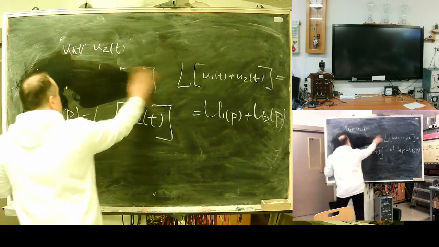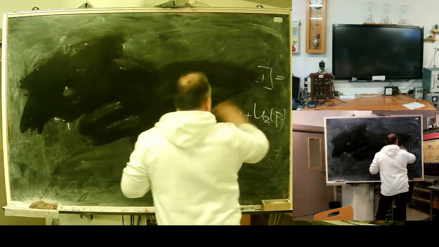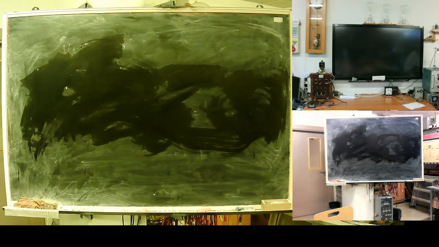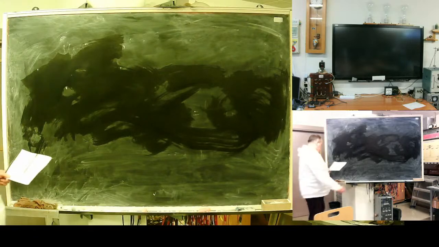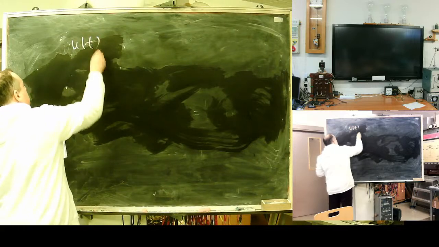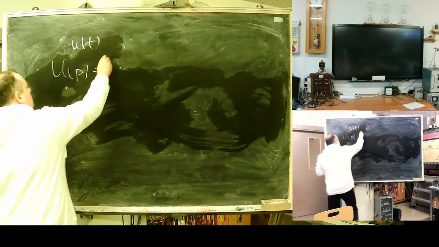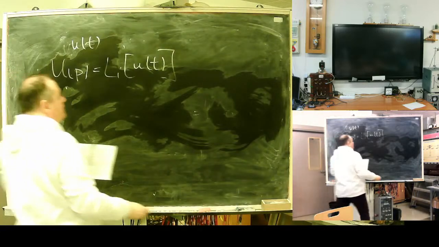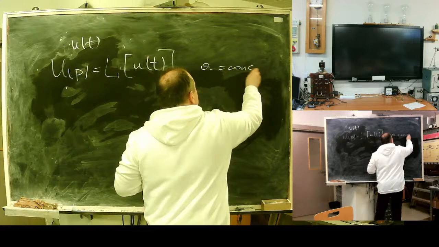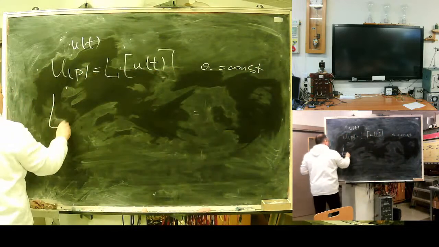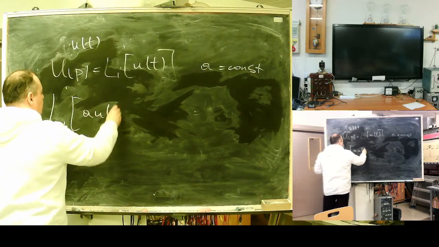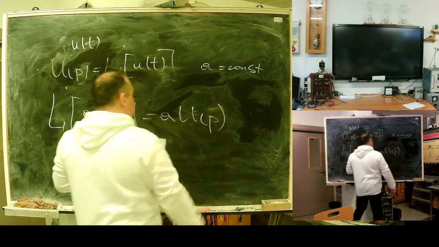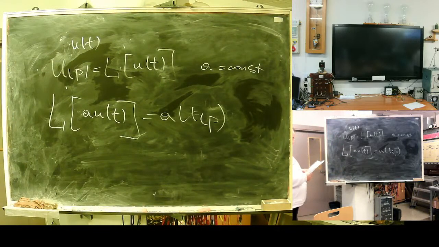Also, again, I have F as a result of the Laplace transform. And if I have A as a constant, the Laplace transform of the original multiplied by A is simply the image multiplied by the constant.